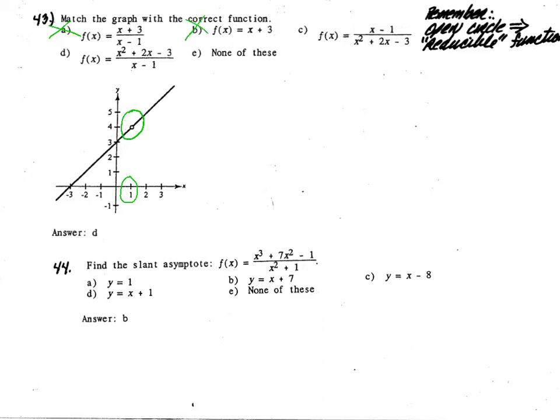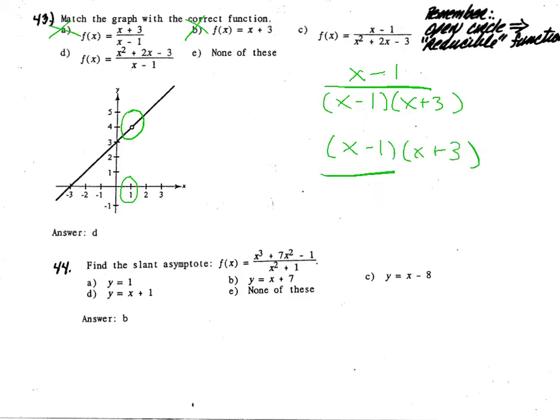So if I factor the remaining 2, I get x minus 1 over x minus 1 times x plus 3. And if I factor choice D, I get x minus 1 times x plus 3 on the top and an x minus 1 on the bottom.